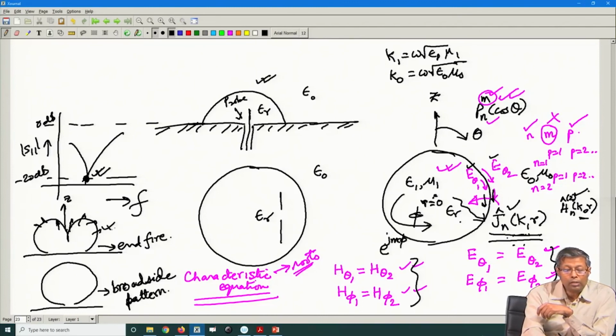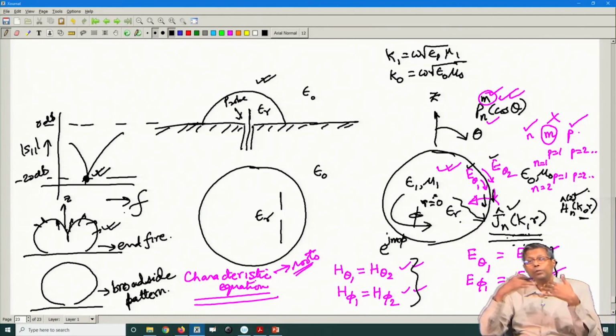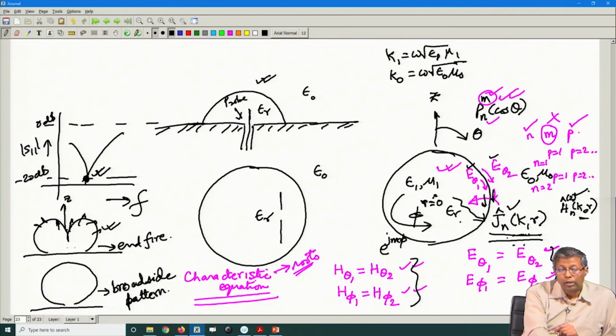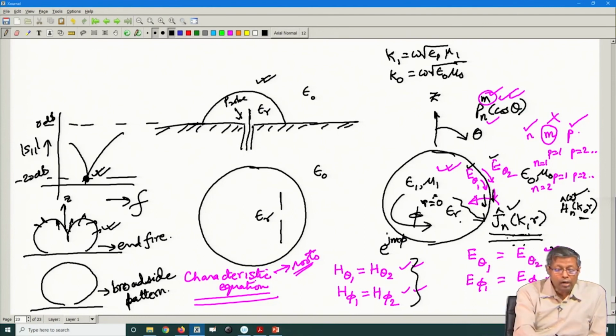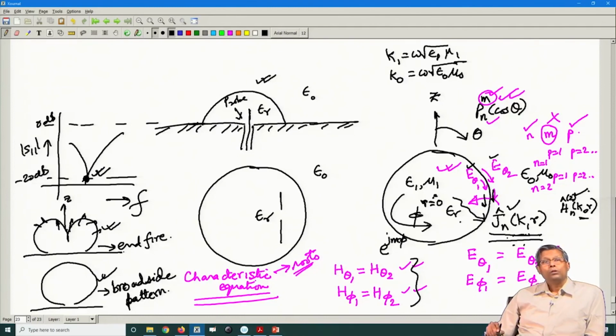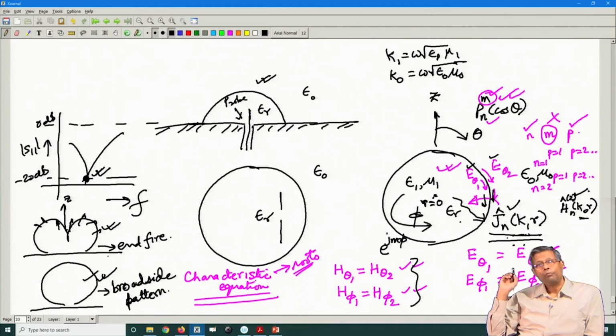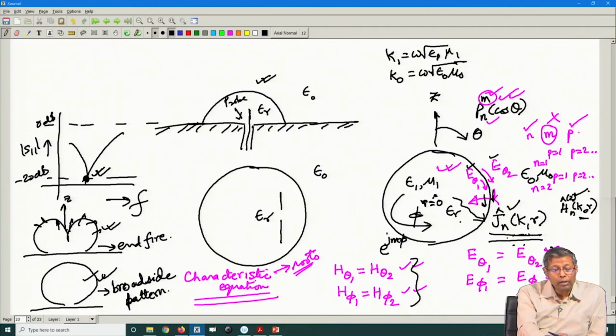This kind of pattern is typically used in vehicular communication, ship to ship communication or vehicle to vehicle communication, when we want to communicate along this direction, along the horizon, and this kind of pattern is used for communicating with skybound targets: satellites, rockets, space vehicles, aircraft. So, typically the vendor will give you a specification that I want an end fire pattern or a broadside pattern at a particular resonance.